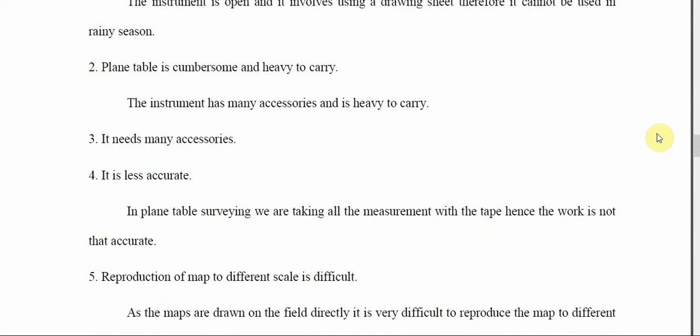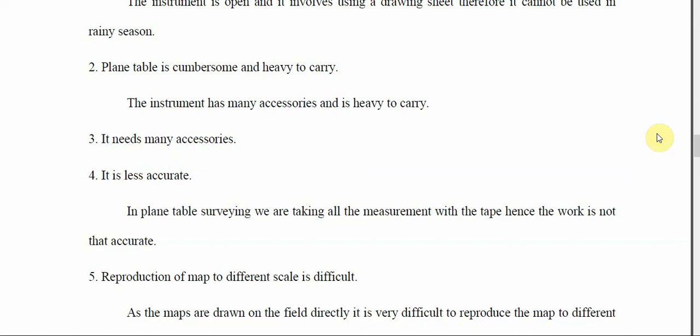So it is difficult to maintain all the accessories compared to the other instruments used in survey. It is also less accurate compared to the other methods. Also, reproduction of map to a different scale is difficult.